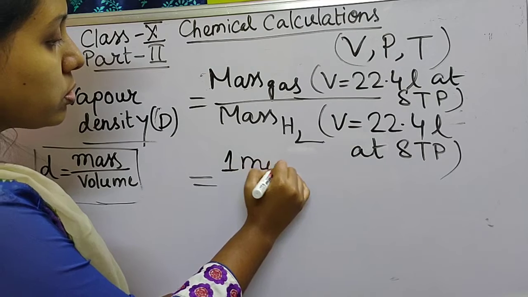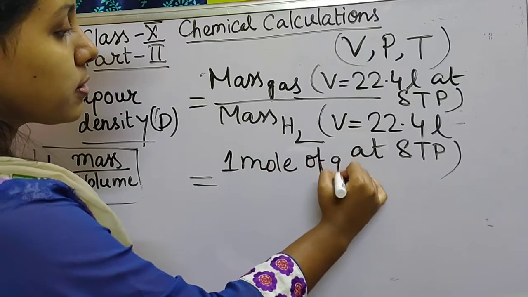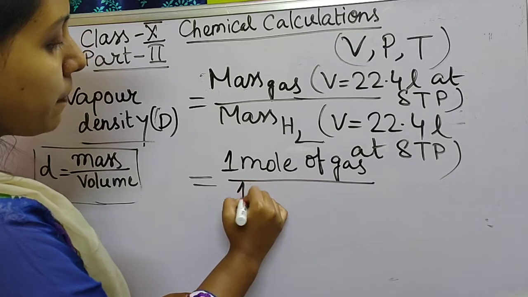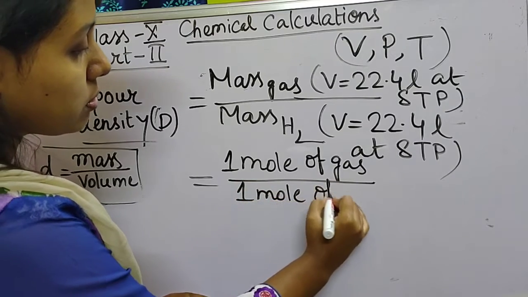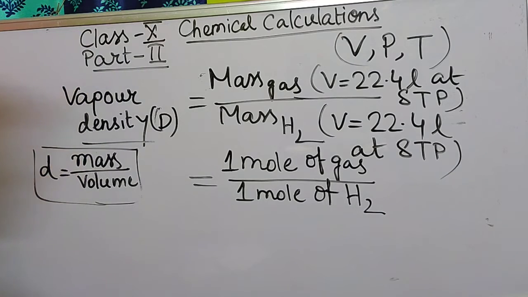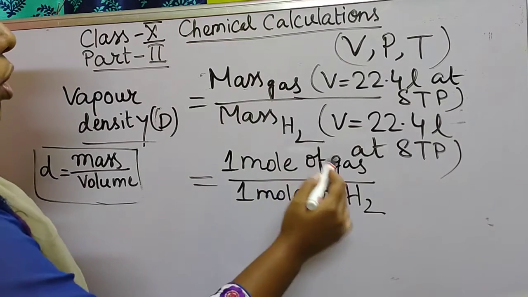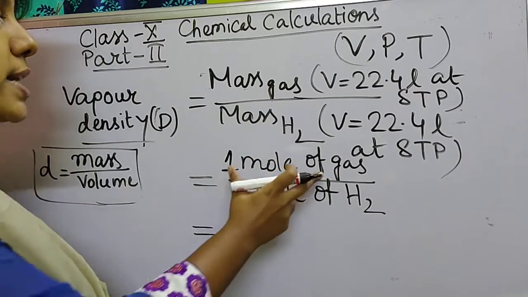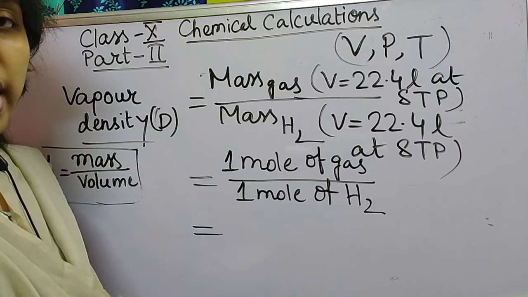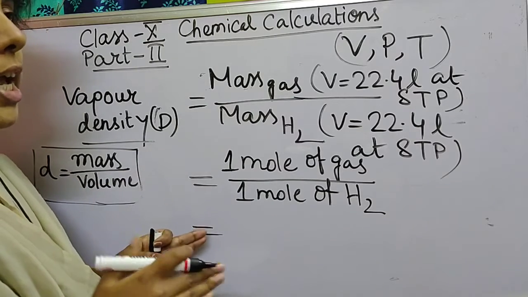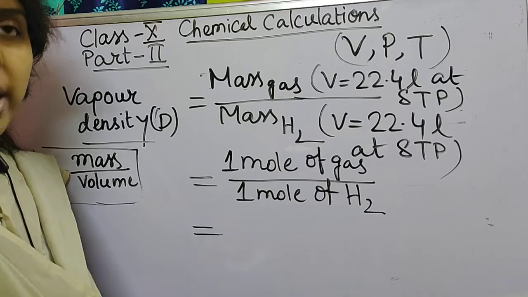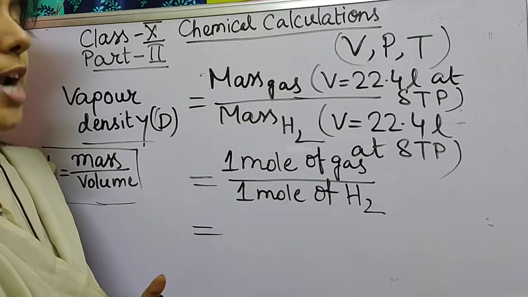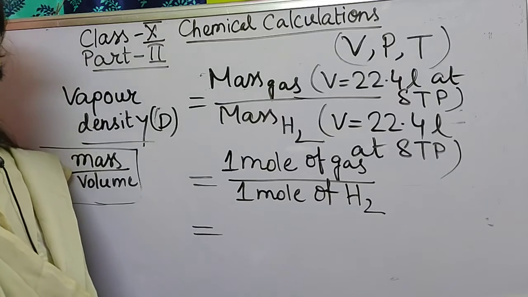So here also 1 mole of gas divided by 1 mole of hydrogen. Now 1 mole of a gas, if we want to represent it in terms of weight, that is the molecular weight. 1 mole is always equal to its molecular weight when it is a molecule, and 1 mole is equal to the atomic weight when it is an atom.